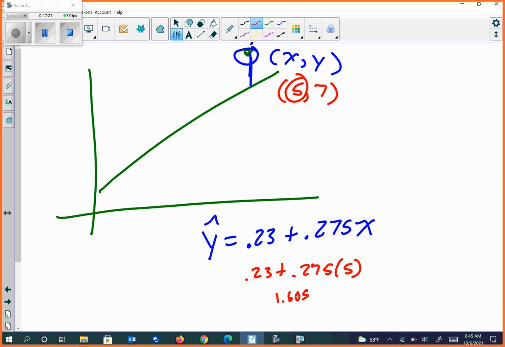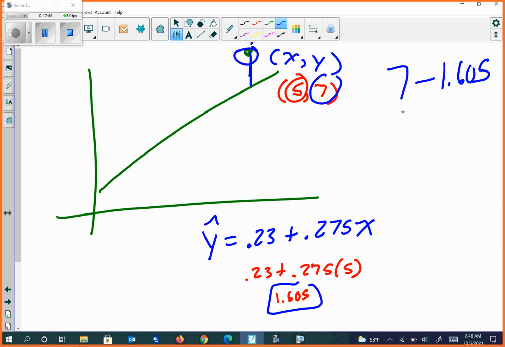So that basically means that we're going to compare, we're going to take this, we're going to go 7 minus 1.605, whatever that comes out. This would have been above, this would have a positive residual value, things like that.